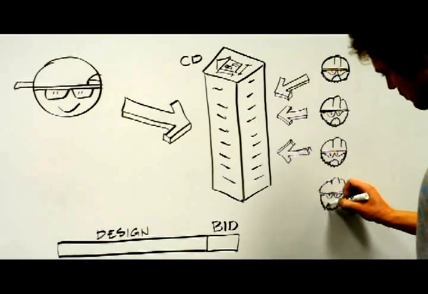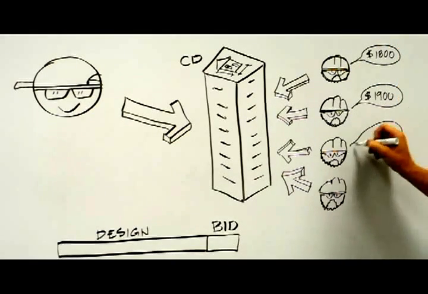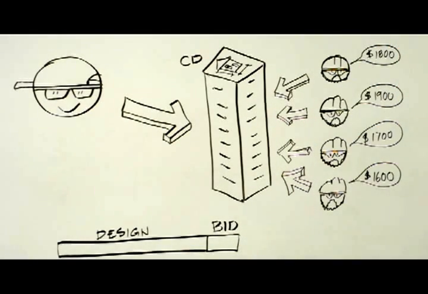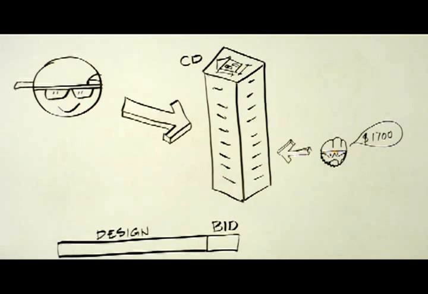Once the owner receives the final bids, they will not be obligated to award the project to the lowest bidder. Rather, the choice will be made on the basis of price and builder competence. At the end of the bidding phase, the project is awarded to a builder, the contract documents are updated if needed, and issued for construction.